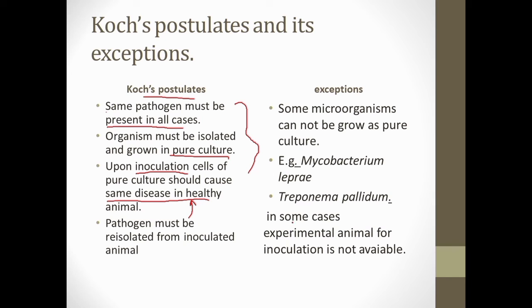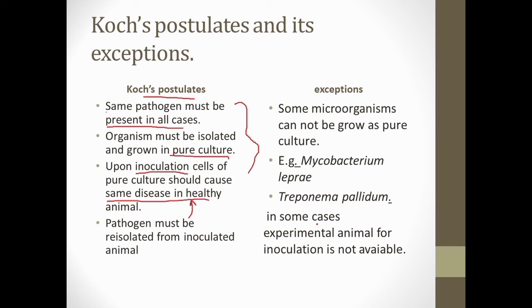Then in some cases, an experimental animal for inoculation is also not available. For example, you can take cholera. Cholera is caused by Vibrio cholerae in human beings, but you could not inoculate that organism into human beings for your experiment.